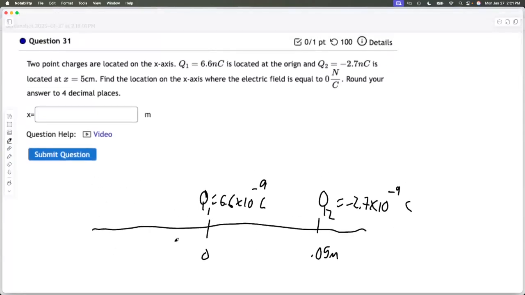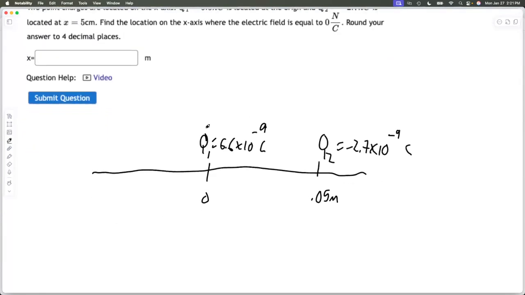We want to find the location, if there are any, where the electric fields will exactly cancel out. Okay, so let's think about what we've got here. We've got this positive charge. We'll draw him with some blue lines. The electric field is going to go out away from him, and it's going to get smaller as we go further away.